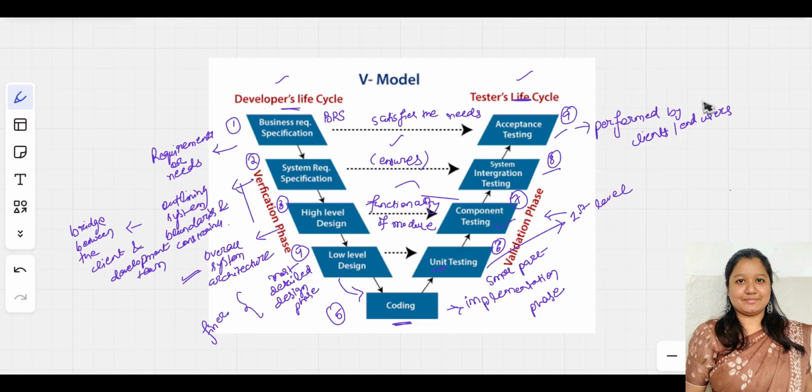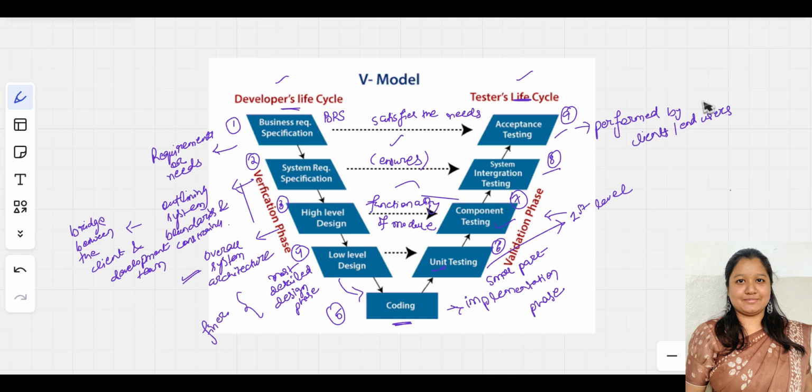That's the job of the V model: verify and validate corresponding to each other, meaning next to each other. This creates clear traceability between development and testing, right? And high-quality software delivery will also be there.